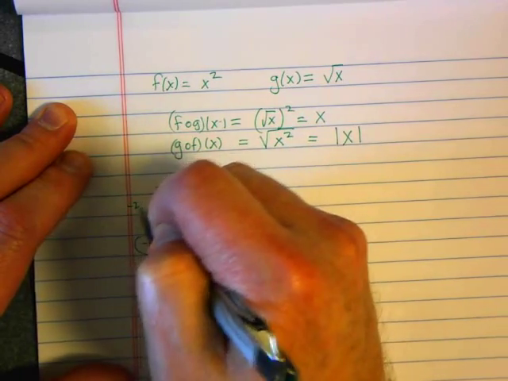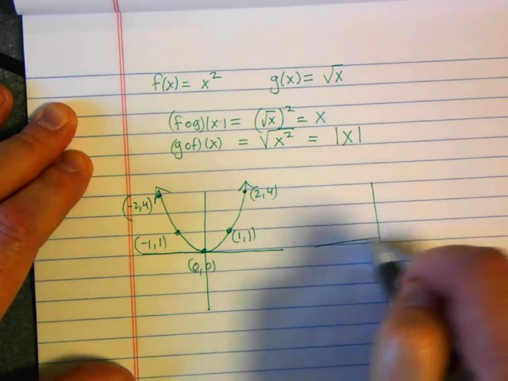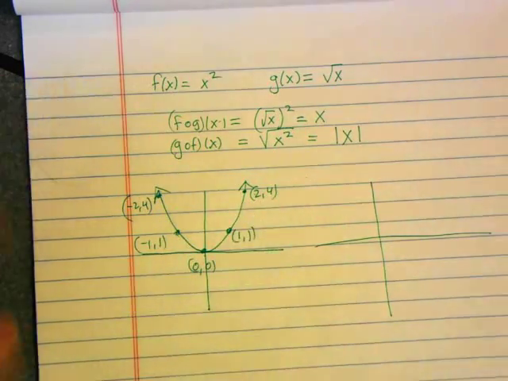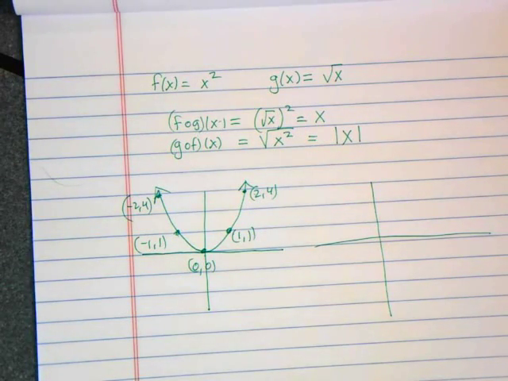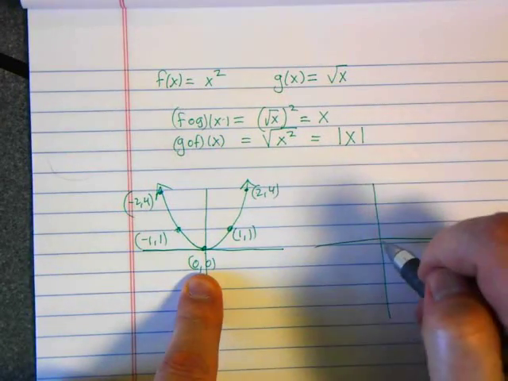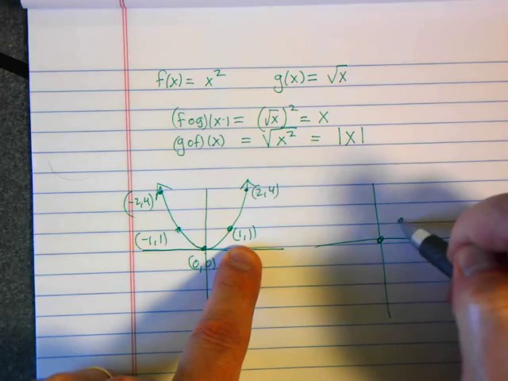What happens if I take these points and I just simply switch the x numbers with the y numbers? Well, this one's easy. If I take (0, 0) and I switch the x and y, I still have (0, 0). If I take (1, 1) and I switch the x and y, I still have (1, 1). Switch this one, (4, 2).